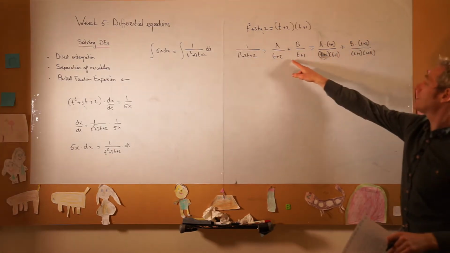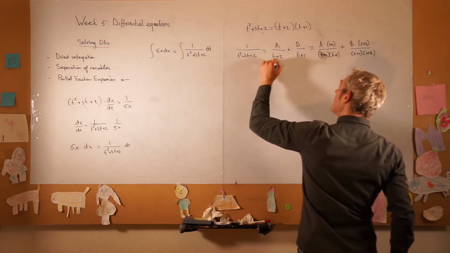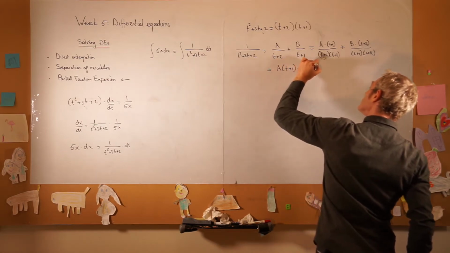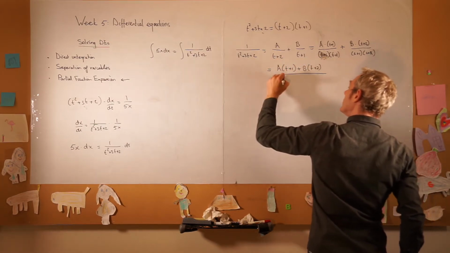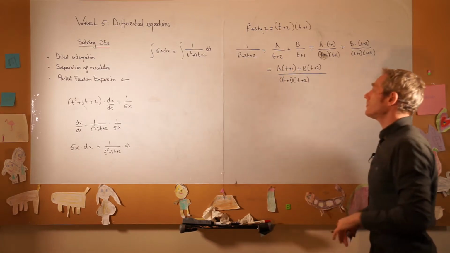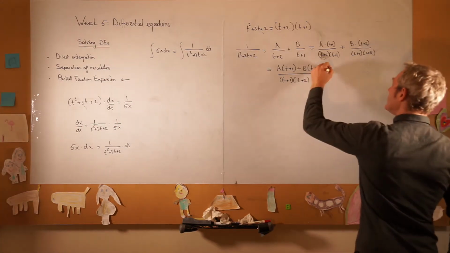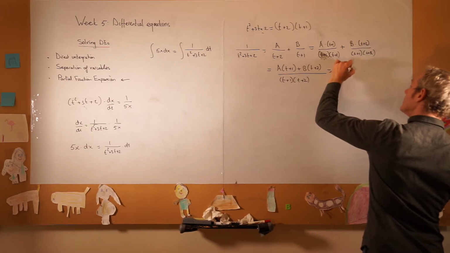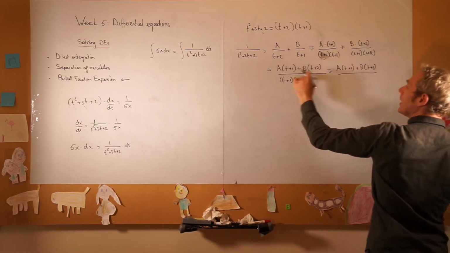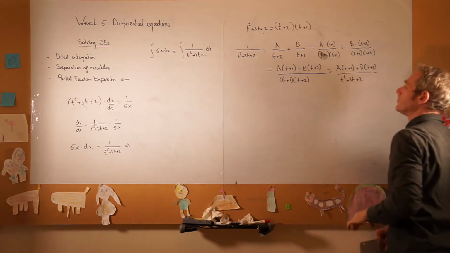Now these two fractions have the same denominator, so I can group them together: a times t plus 1 plus b times t plus 2 divided by t plus 1 times t plus 2. Multiplying these, the denominator is t squared plus 3t plus 2.